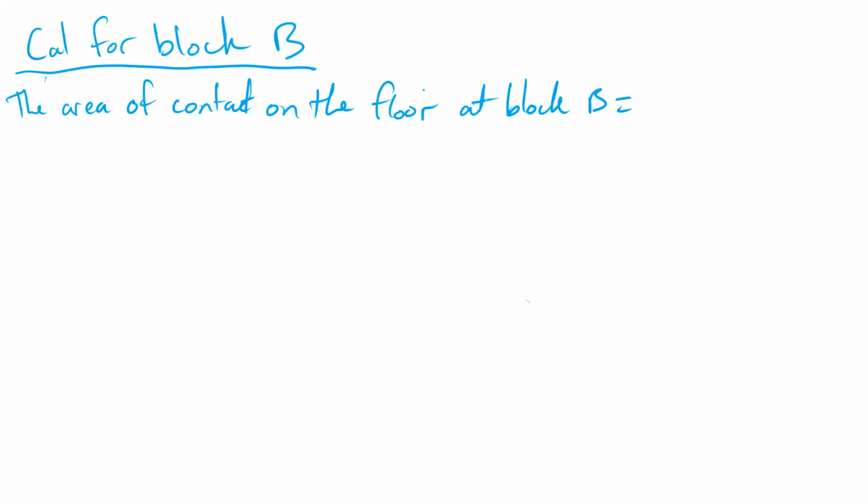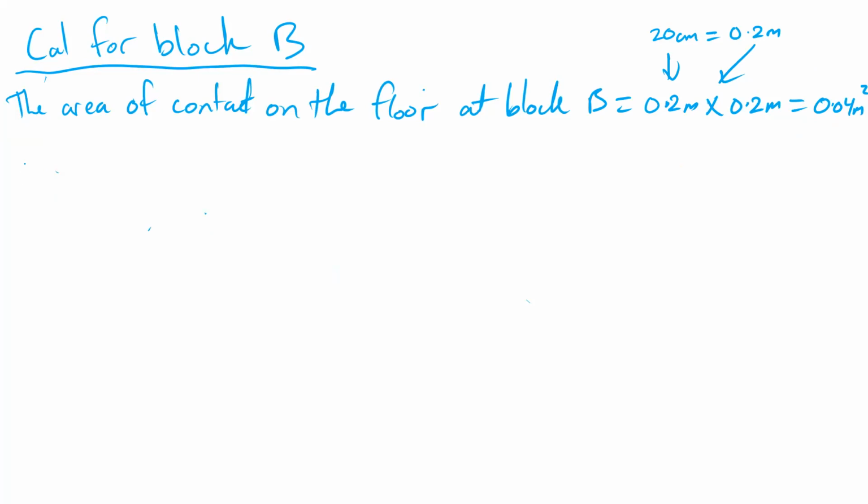Once you convert that into meters, you will get 0.2 meters times 0.2 meters. So it's simply the area of a square, in fact. Once you plug this into your calculator, 0.2 times 0.2 will be 0.04 meters squared. Hope you guys can see that.